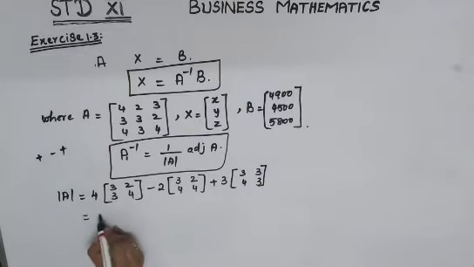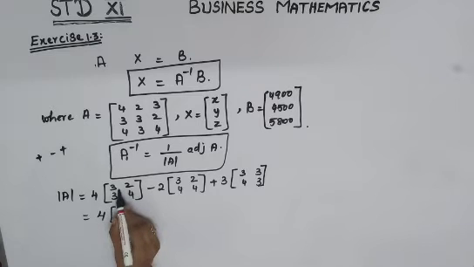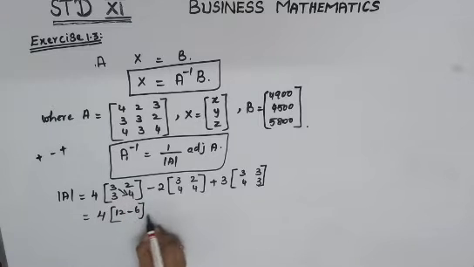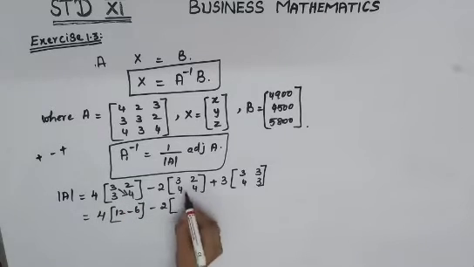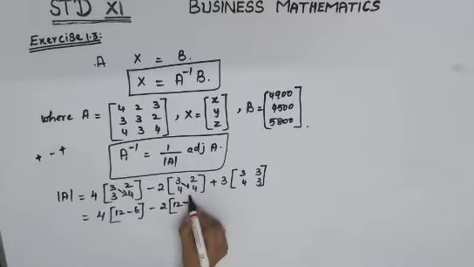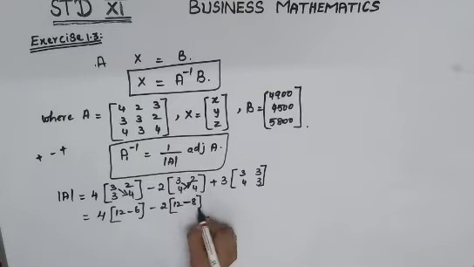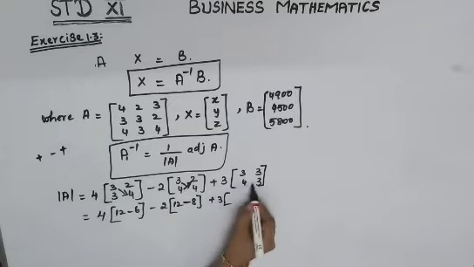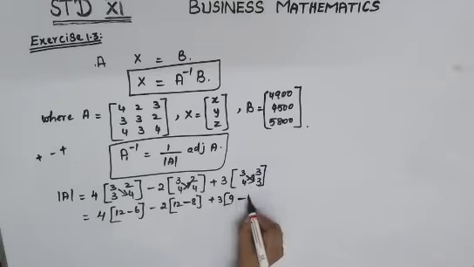Which is equal to 4 into, multiply these terms, 4 3s are 12, minus from your formula, 3 2s are 6. Then minus 2 into 4 3s are 12, minus 4 2s are 8. Plus 3 into 3 3s are 9, minus 4 3s are 12.